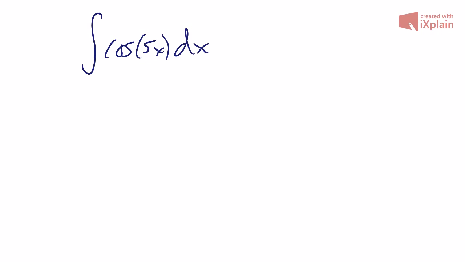So I know that if I want to find the antiderivative, I need to use u-substitution, because I have an inside function that is other than just x. It's 5x. Now, like I said before, the derivative needs to already be chained on, and that's not already chained on. We don't have a 5 chained on.